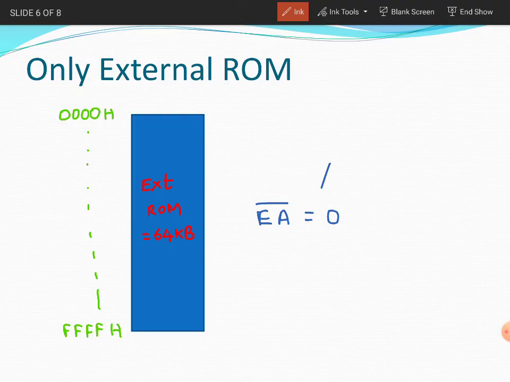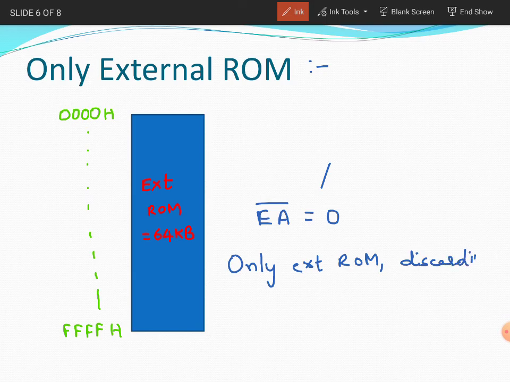Only external ROM means we are discarding the internal ROM. You may ask why we use only external ROM and discard the internal ROM.